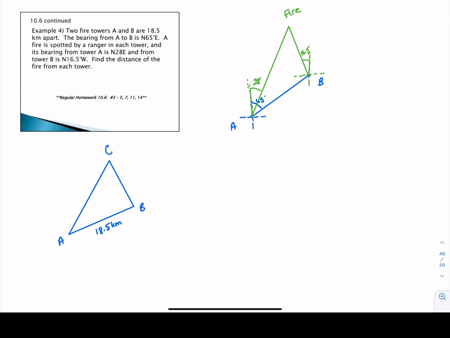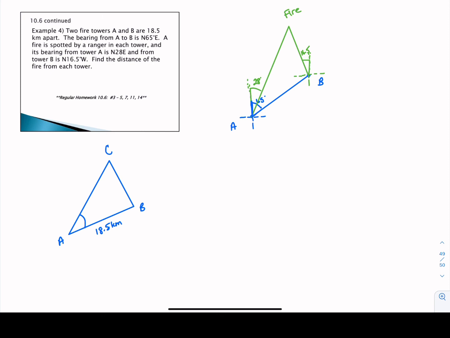Now the hard work comes for finding some of these missing angle measurements. So in order to find some of these missing angle measurements, we have to do a little bit of detective work. And I'm going to start with angle A here. Now, originally we were given 65 degrees measuring from the north line to that direction between A and B, or that line of sight between A and B. But we're also given an outside angle of 28 degrees.